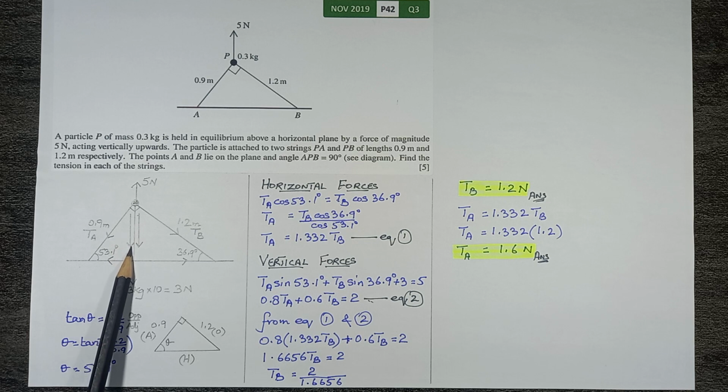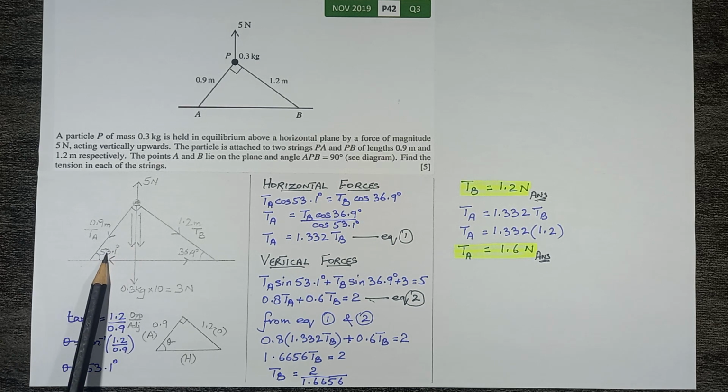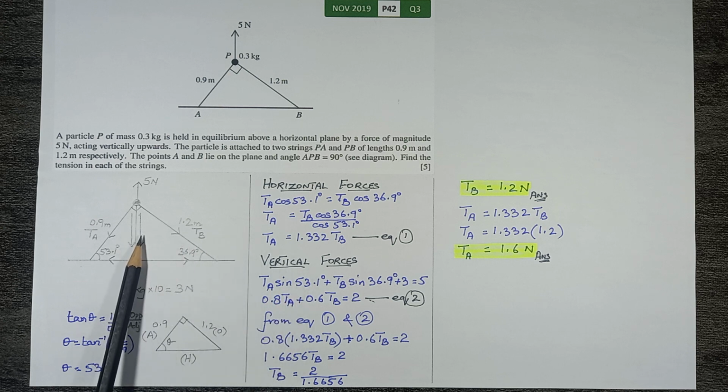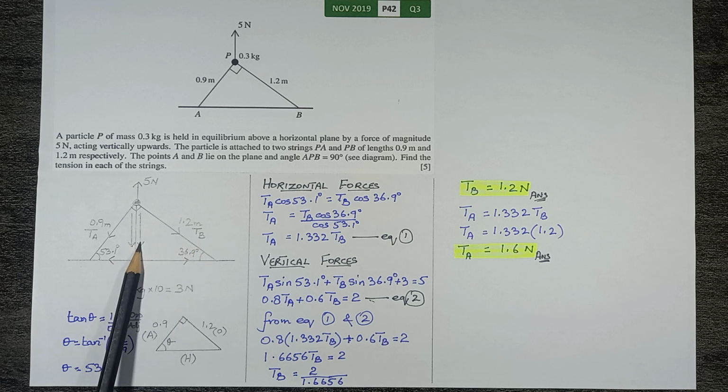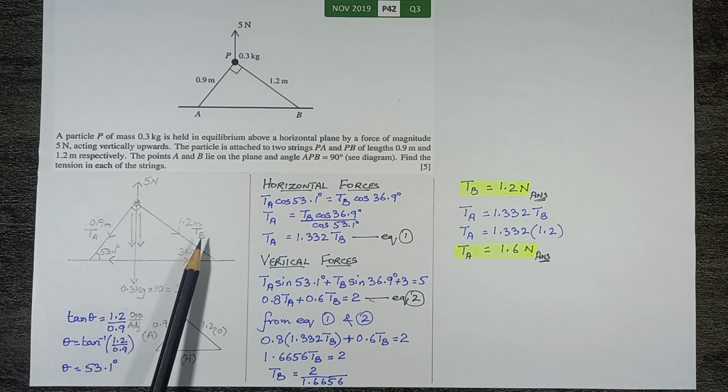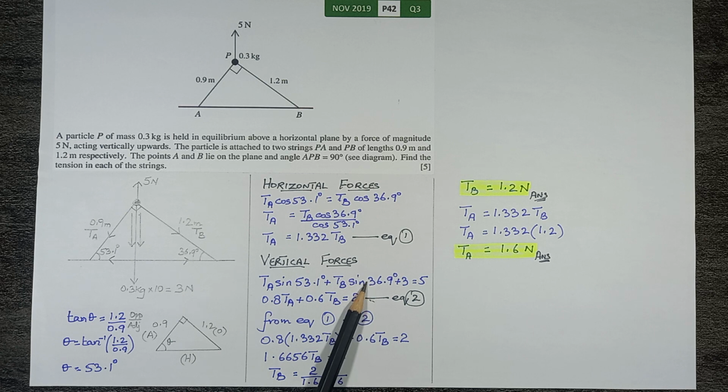This arrow downward indicates the opposite force of this TA, and that would be TA sine 53.1, which I have written over here, TA sine 53.1. Similarly, this vertical force, this arrow I have made downward, is the vertical force for this particular TB, because the angle is over here. So this force pointing downward would be TB sine 36.9. I have written it over here.